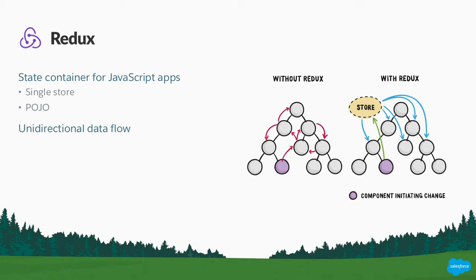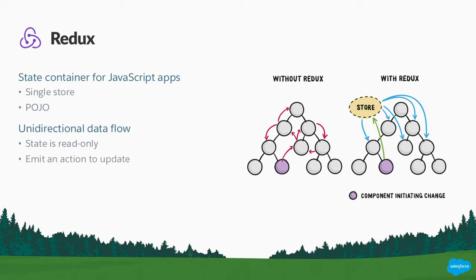And it's backed by this idea that state should be flowing one direction to your components and not what you see on the left side, where state is being mutated in a lot of different areas in the application. So with Redux, state is read-only, and I'll talk about this a little bit more, but a component can't just mutate state. It has to inform the application that it intends to mutate state, and Redux will figure out whether, first of all, it's allowed, and second of all, how to go about doing that.